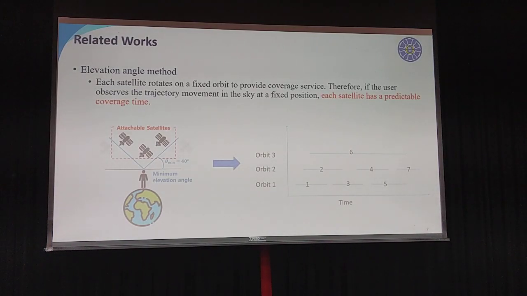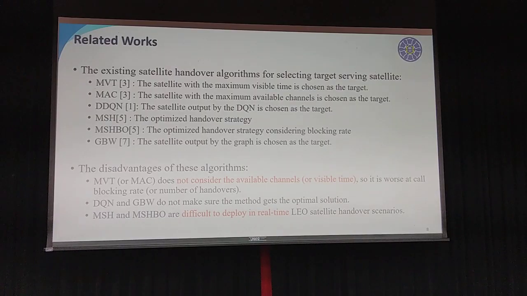However, these methods usually optimize only a single objective. For example, NBT selects the satellite with the maximum visible time. MAC selects the satellite with the maximum available channels. GPW uses graph-based optimization. MSH and MSHBO focus on reducing handover cost and blocking probability.